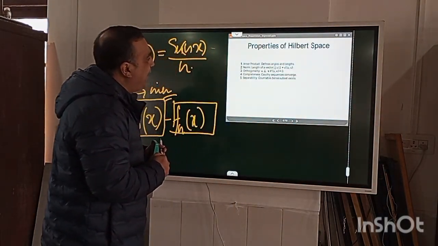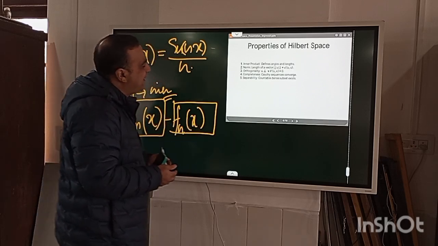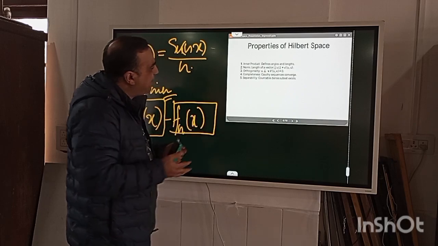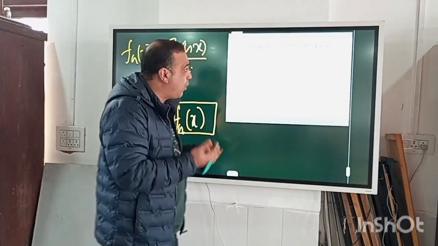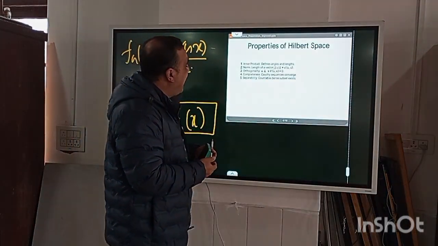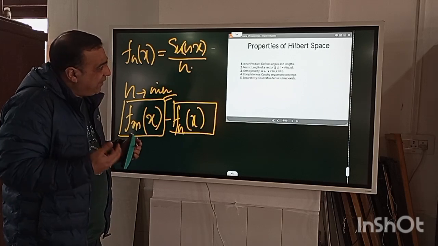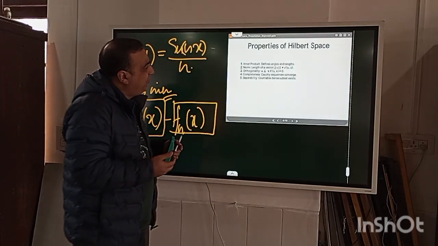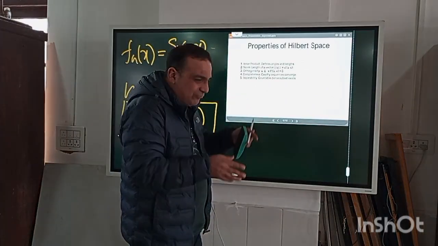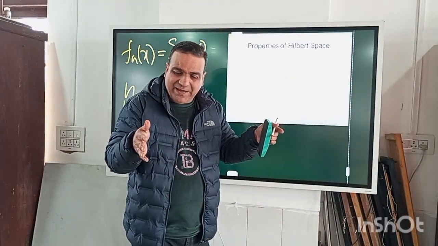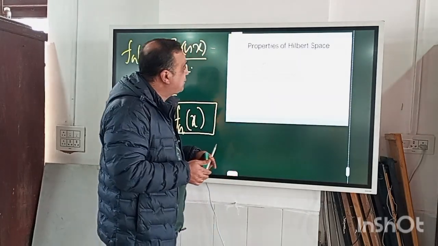So these are the important properties of this Hilbert space. The inner product should exist, and what this inner product does is define the angles and the lengths, and we must be able to calculate the norm. It should precisely invoke the property of orthogonality that I talked about in the beginning of this lecture, that if you have two different eigenstates in the Hilbert space, they have to be orthogonal to each other.